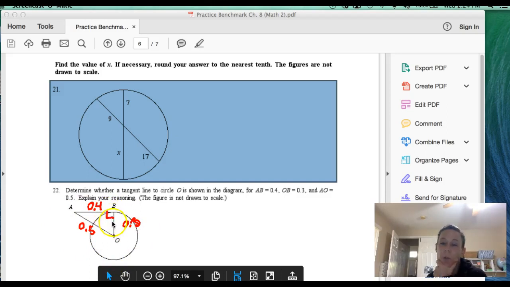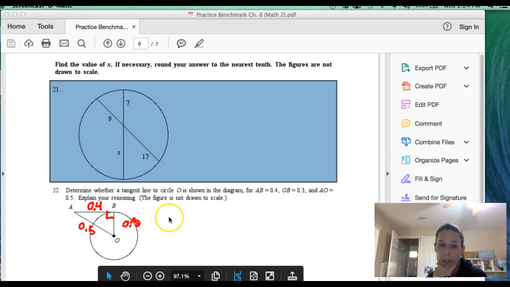So what I could do is use the converse of the Pythagorean theorem. If a squared plus b squared equals c squared, then I have a right triangle, and I would have a right angle there. If I have a right angle there, I would have a tangent at the point of tangency, where the radius hits the tangent. So I just need to prove that I have a right angle.